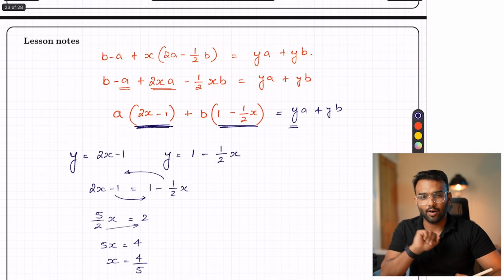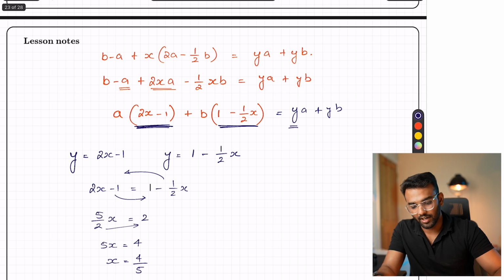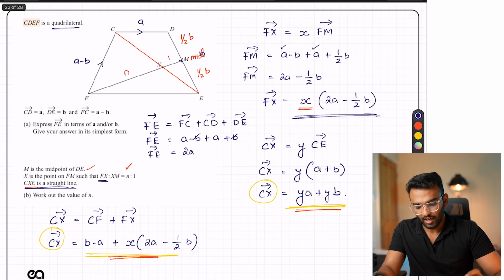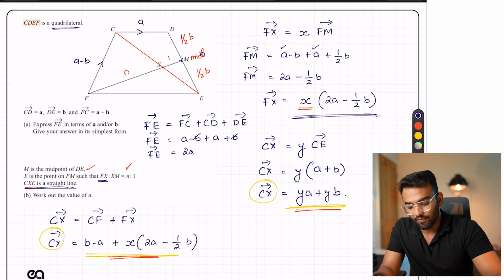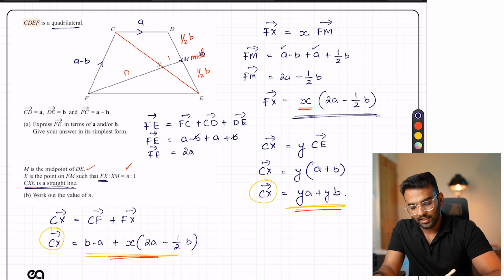All right. Now, what does that mean to us? We found out x is equal to 4 by 5. So if I come back here, you see the value of x, or we took FX is a multiple. You can even think about it this way. X is simply your n in this case. Don't you think so?